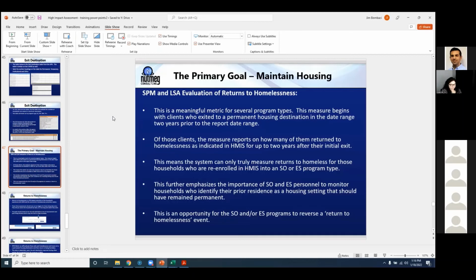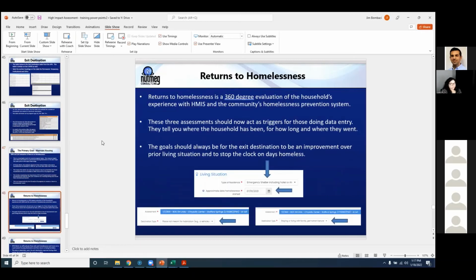But you will know about the ones that do get a new enrollment in HMIS when their prior residence, based on the report, was a housed setting. So some of you are probably realizing that we're back where we started, because now we're back at that conversation. This is where returns to homelessness, that 360-degree evaluation, brings you right back to the beginning. So now here we are.